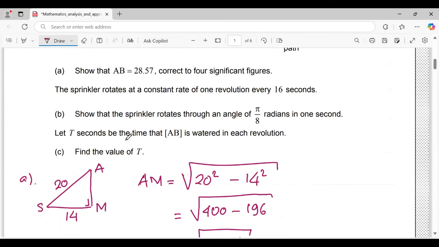Let t seconds be the time that the water takes in its revolution. Find the value of t.